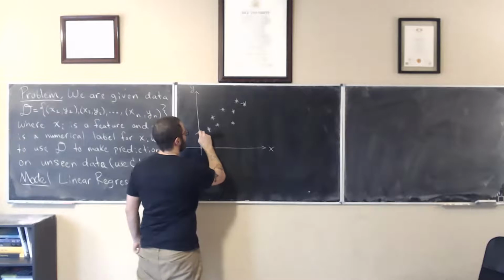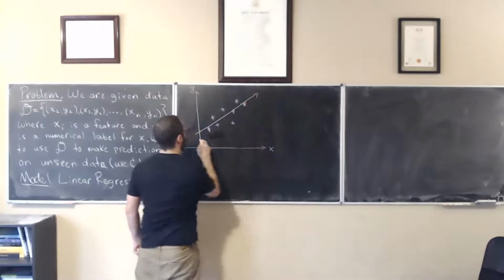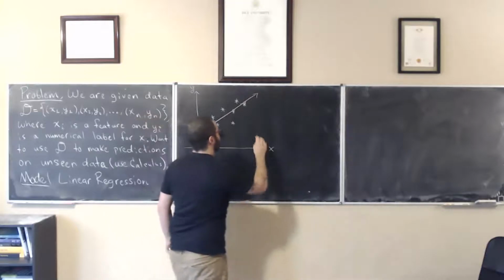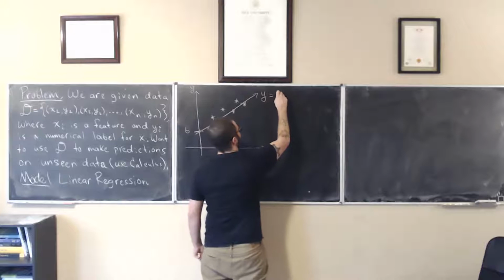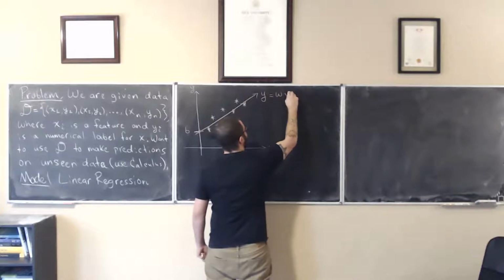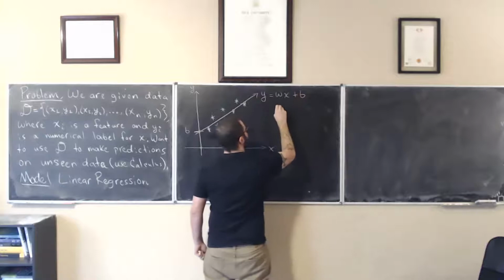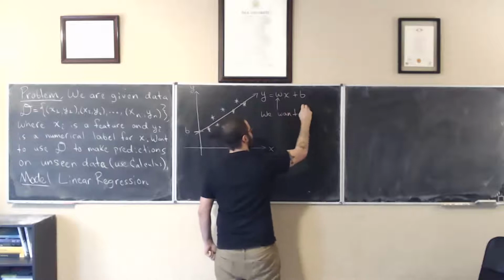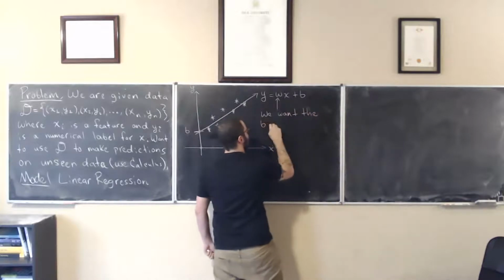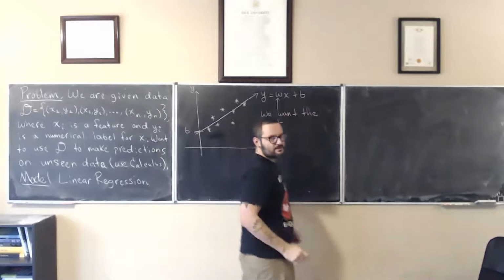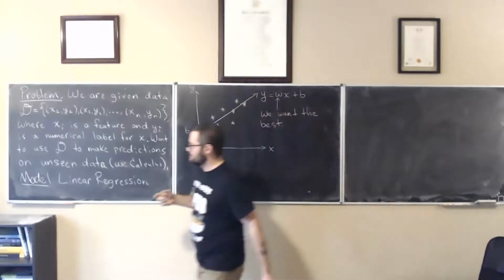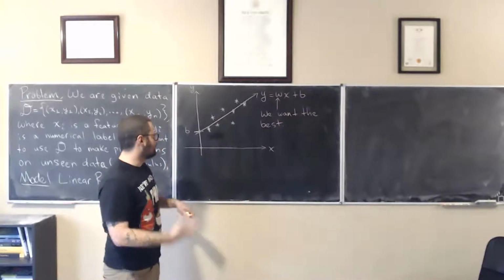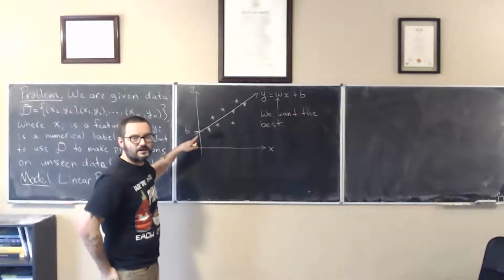And we'll call the intercept there B. And this line would be equal to W times X plus B. And we want the best W. We're going to use what we know from Cal 1 or calculus to find that best W. And we're going to guess the B. But in general, you're also going to use calculus to optimize that.